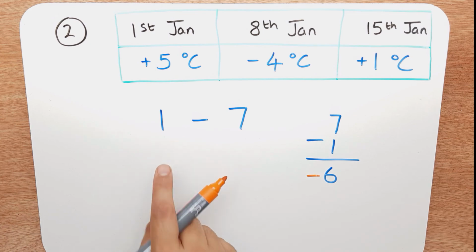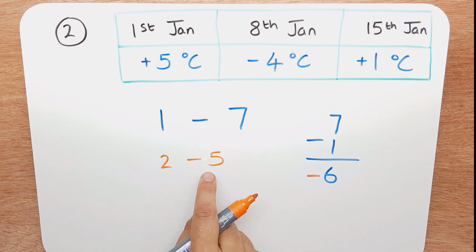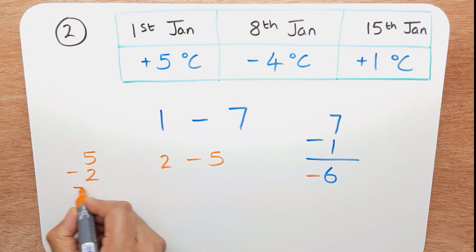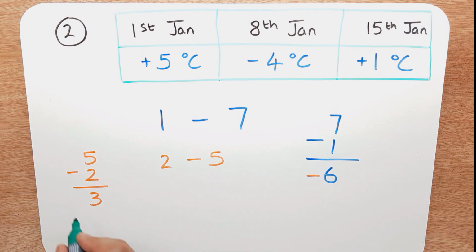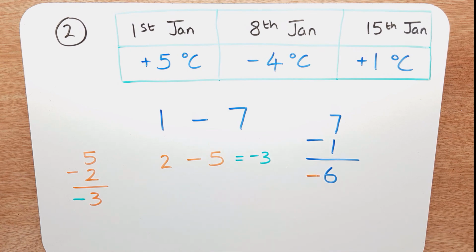So for example, if I had 2 take away 5, what I would do is 5 take away 2, which is 3, and then simply stick a minus sign in front of it. So the answer there would be -3. That's just another shortcut that you can remember.